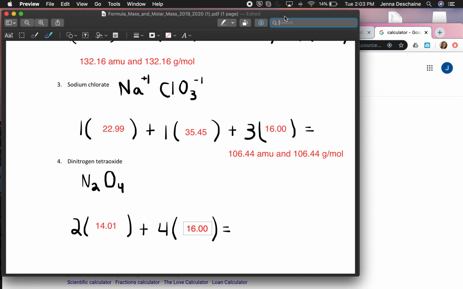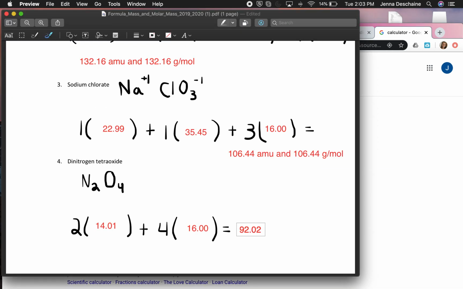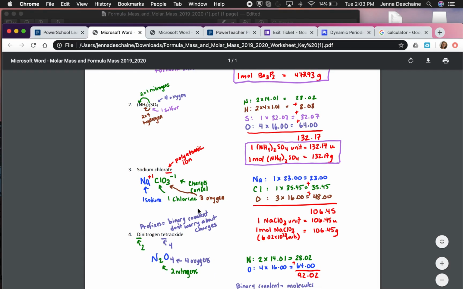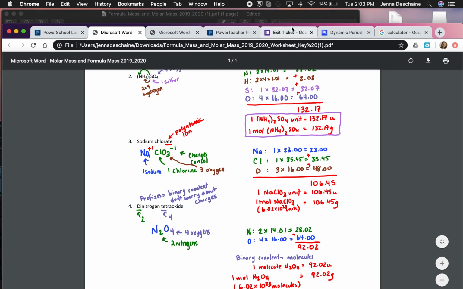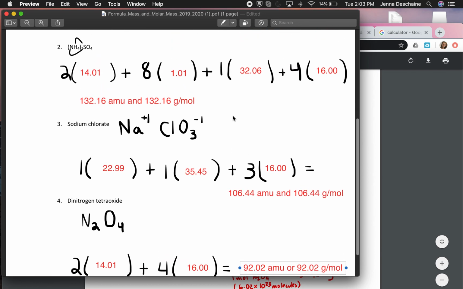I get 92.02 AMU, or 92.02 grams per mole. Just going to do a quick check of that, make sure it's correct. Perfect. All right, so those are the answers step by step to this practice sheet.